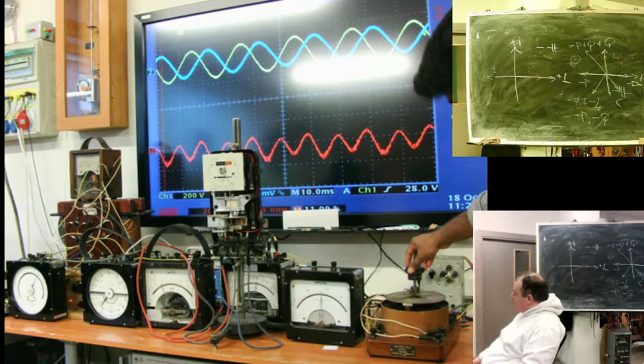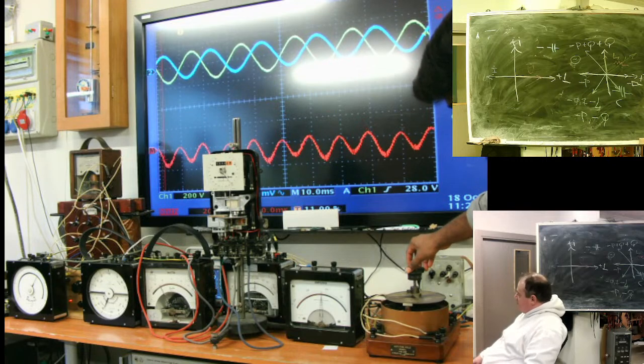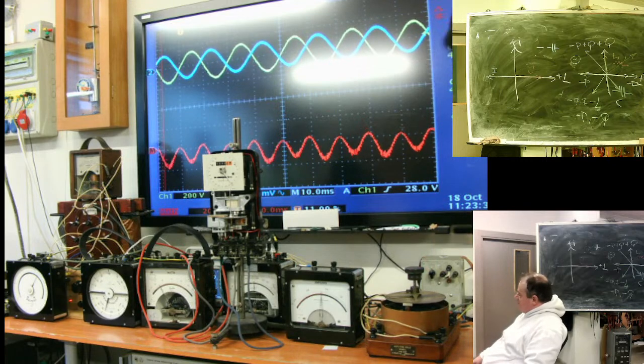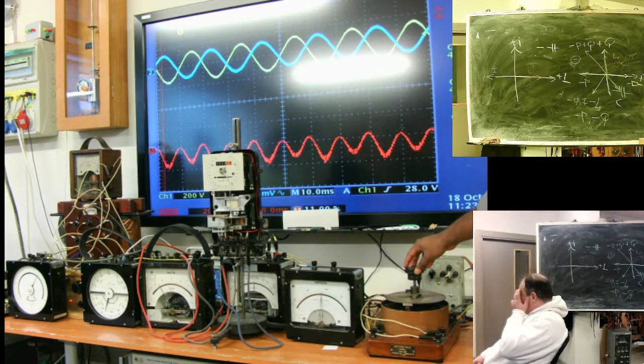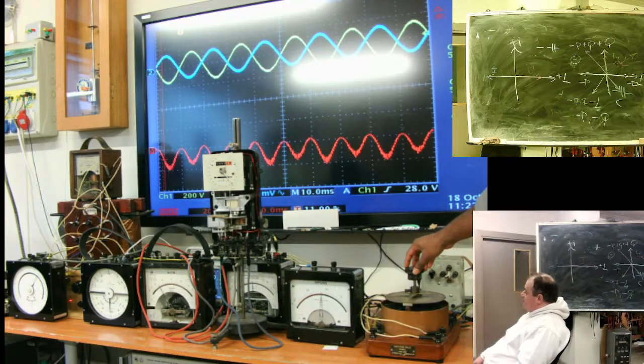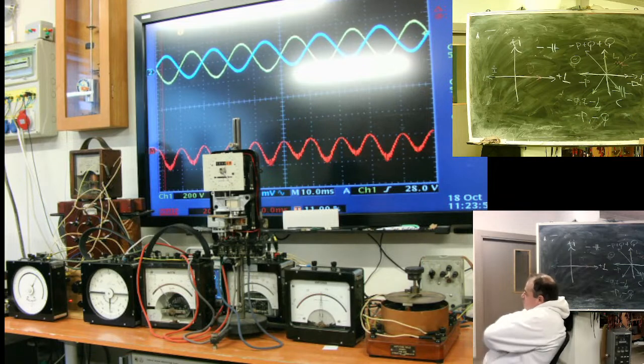You have 90 plus, okay, it was 90 plus some 45. Here you have 180, pure active. And before it was?